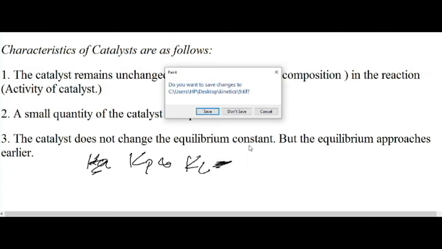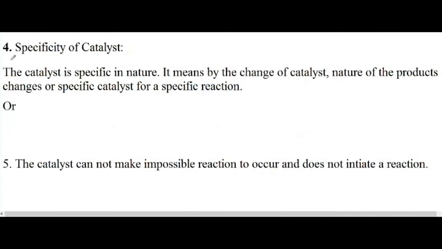Then the next factor is the specificity of the catalyst. The catalyst is specific in nature. It means that by changing the catalyst, the nature of the product changes, or there is a specific catalyst for a specific reaction. When considering the Haber process, N2 plus H2 converting into ammonia, iron is the only catalyst we can use. We can't use nickel or any other type.